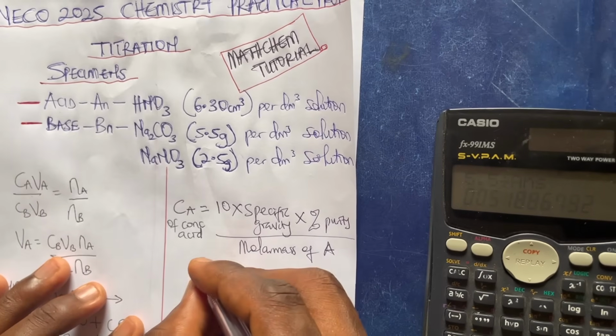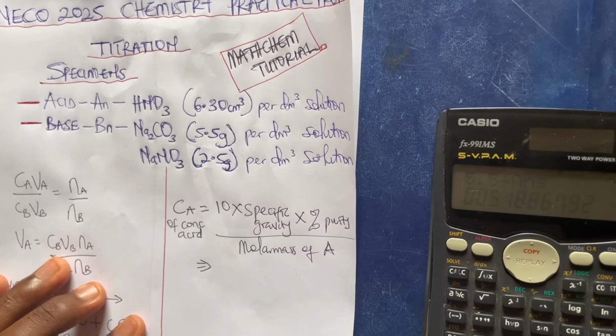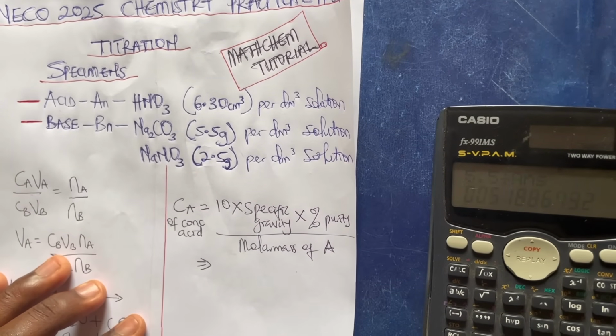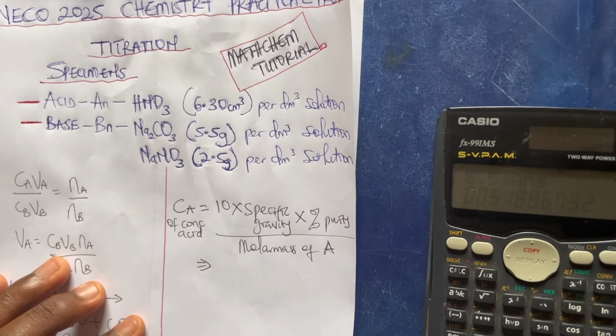Now what is the specific gravity? Specific gravity and percentage purity are always written on the bottle that contains the acid. We teachers easily know this when doing dilution.